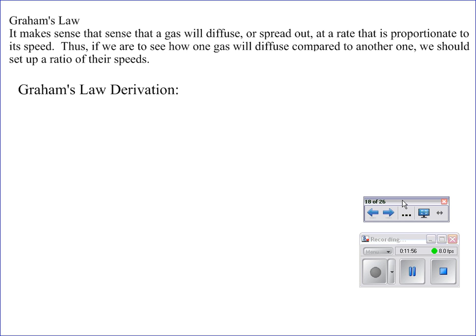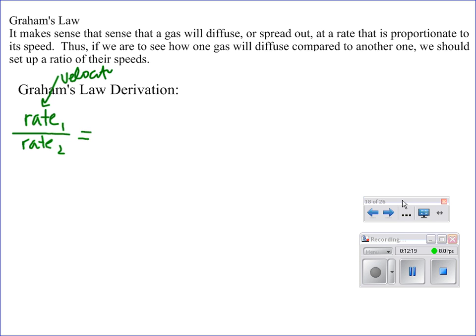But what we're actually doing in Graham's law is comparing the rate of one gas to the rate of another gas. So I'm just going to quickly derive this. It's really simple. Are you okay with me assuming rate and velocity are the same? Okay, so this is the same as velocity.